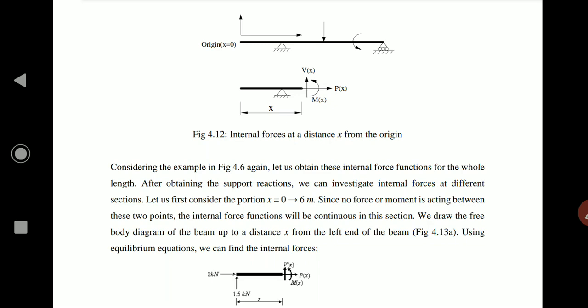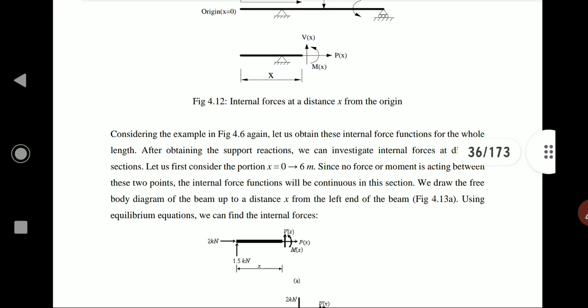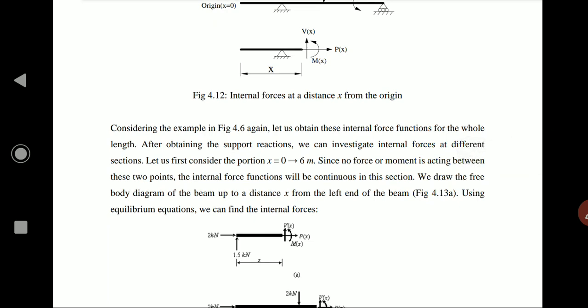The axial force will face on the left, on the right, and then the bending moment will face in the anti-clockwise direction. So the internal forces are at distance x from the origin.